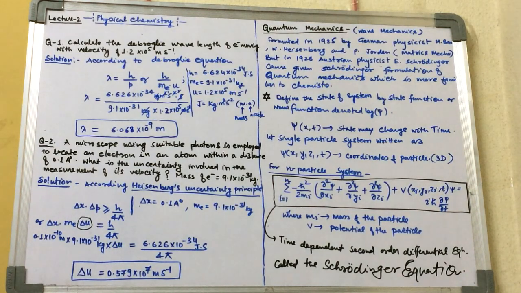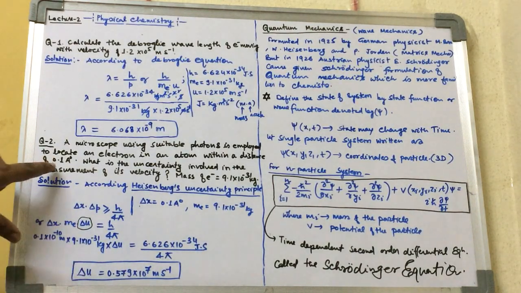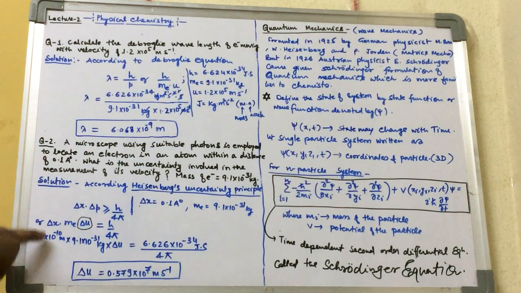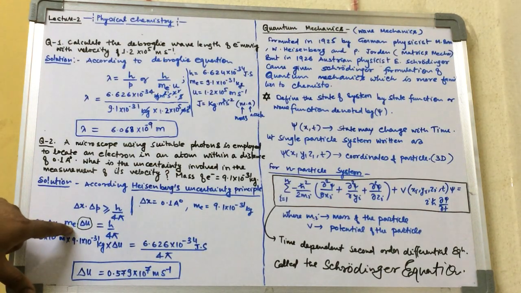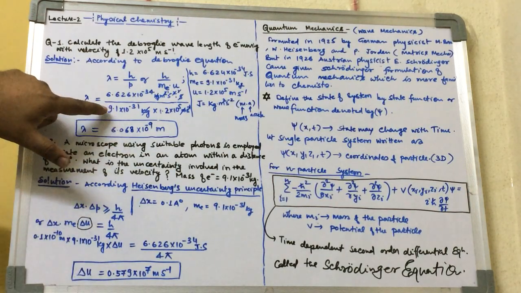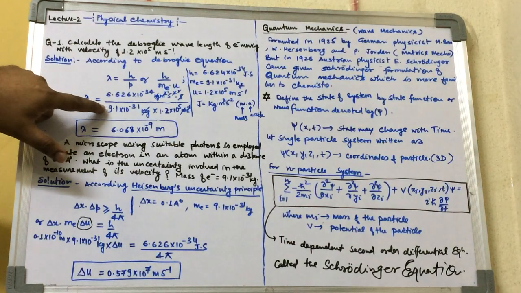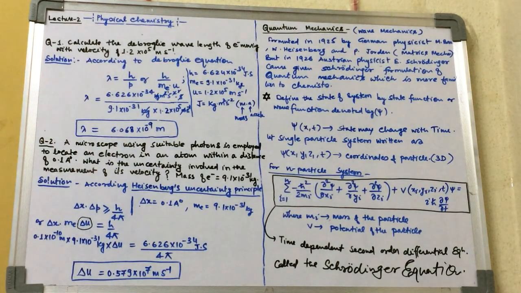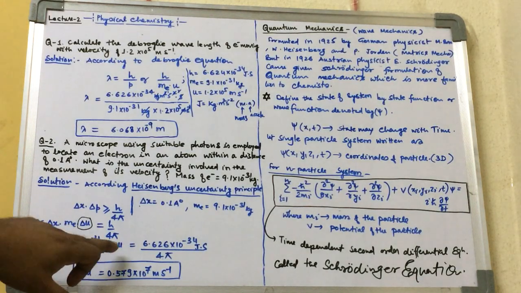Simply, the delta x value is given: a distance of 0.1 angstrom. Converting angstrom to meter, it is 0.1 into 10 to the power minus 10 meter, into the mass of the electron, 9.1 into 10 to the power minus 31 kg, as I used earlier in the previous question.